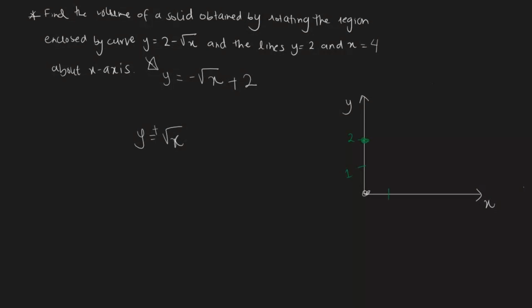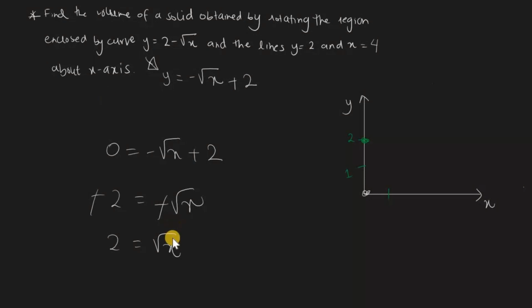To find the x-intercept, we know that we are looking for a value of x for which the y value is equal to 0. So we're going to plug in y equals 0 inside the equation, and we're solving for x. Moving the 2 over there, just doing some algebra, the negative cancels out, 2 over 2 equals square root of x.